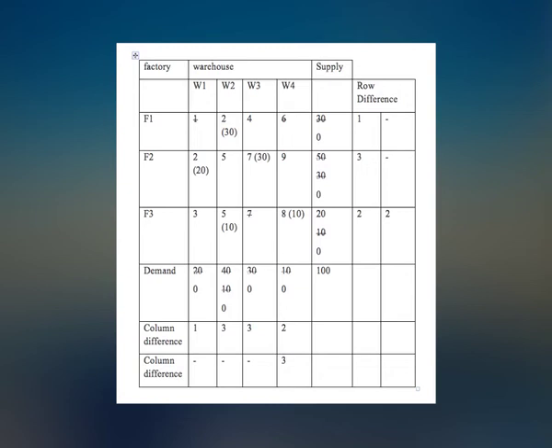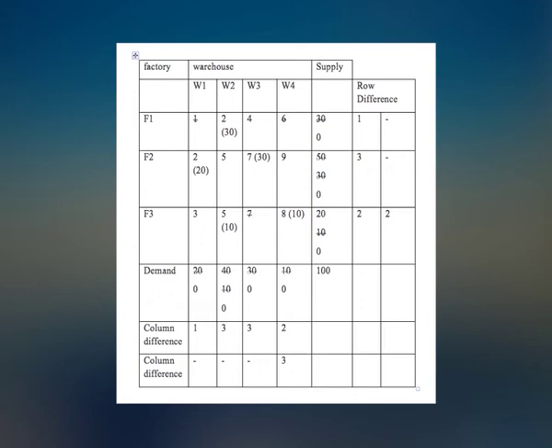The F2W1 cell has the least value, that is 2. Now, compare the demand and supply and assign the demand 20. The supply is now 50 minus 20, that is 30. Since the demand is 0, the entire column will be cancelled as we have allocated the demand to the cell.